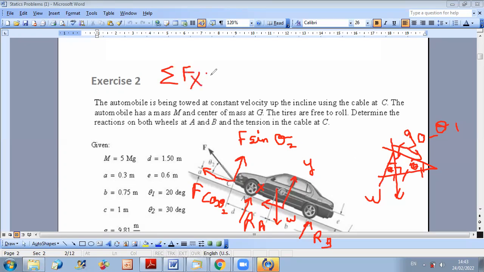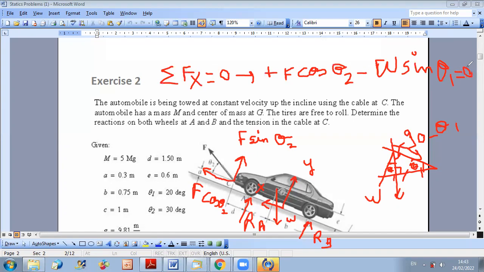Okay, so now if we write the equations, sum of x equals 0 will give us plus f cosine theta 2, for RA and RB no projection, minus the weight sine theta 1, so minus W sine theta 1 equals 0.